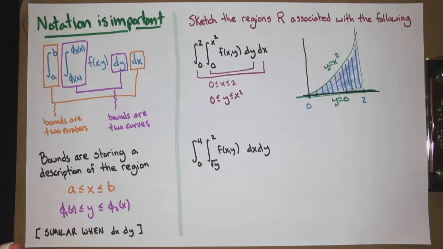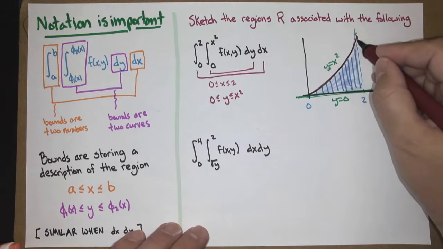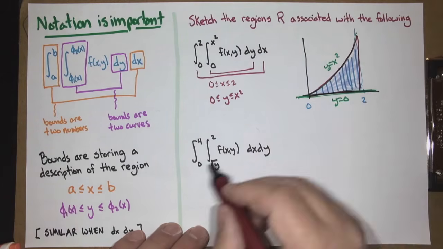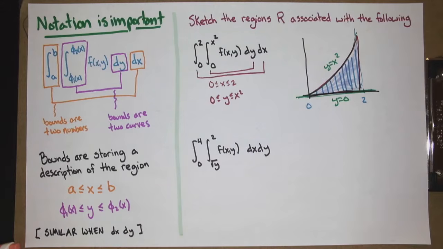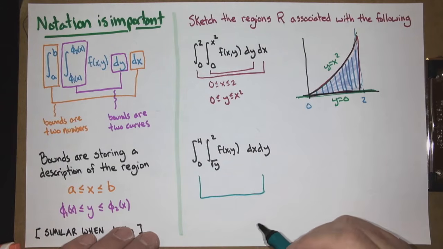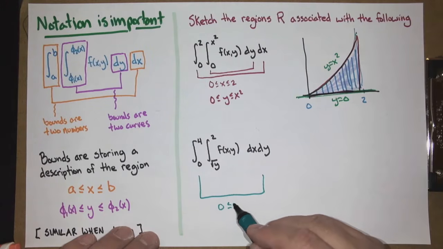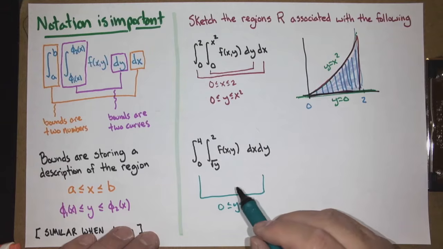All right. Well, in that case, let's do the other part. So, different integral, right? The bounds are different. So, let's again work through it, one layer at a time. What can we say about the y? 0 less than or equal to y less than or equal to 4.